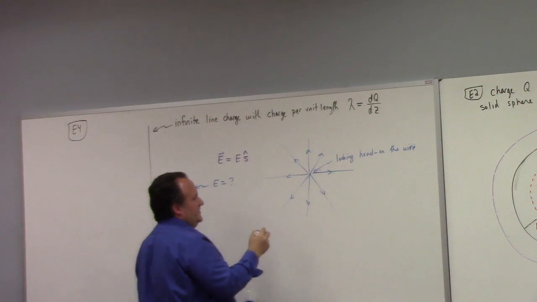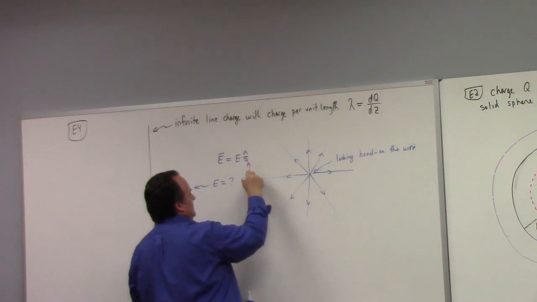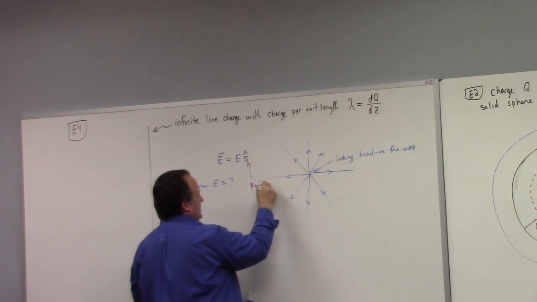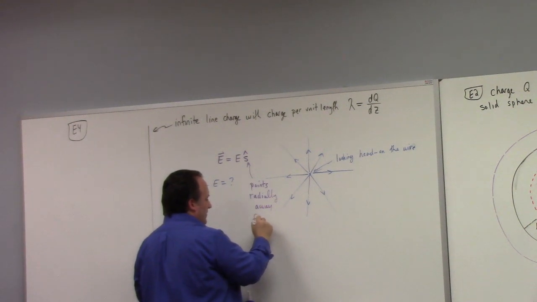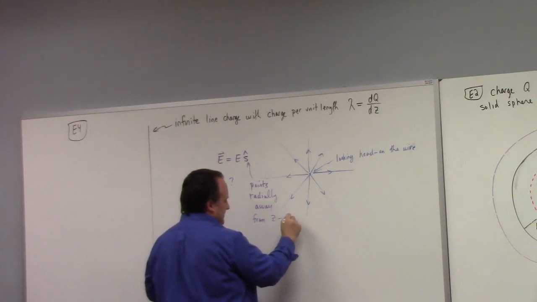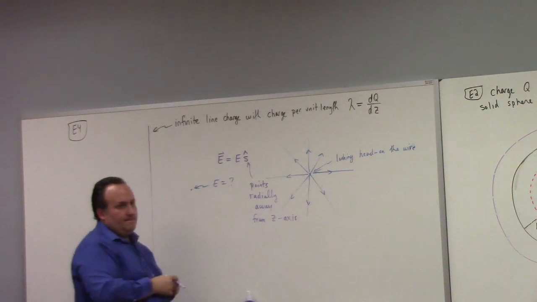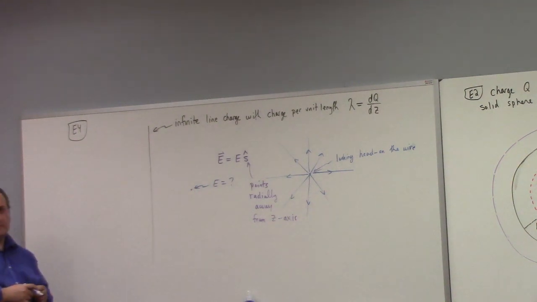So this points radially away from the z-axis. I can give you a formula for it if you'd like, but let me not, because we don't need all that.